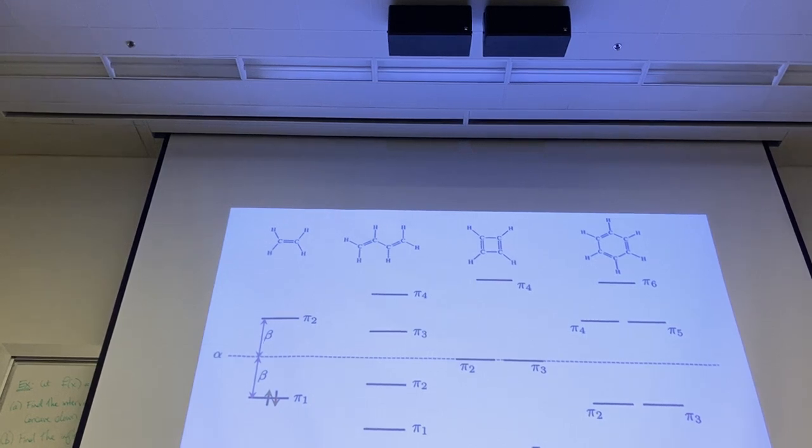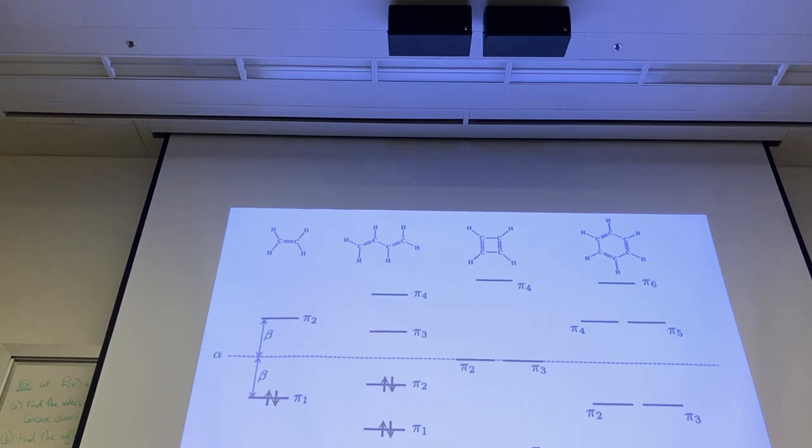So let's hop to butadiene. How many electrons do we have? 4. Very good. 4 electrons, and they must go into those molecular orbitals. We just stack them up. We basically fill up pi 1 and pi 2. Okay, so there we are. That's where they go. And we're going to compute the total energy in our system.